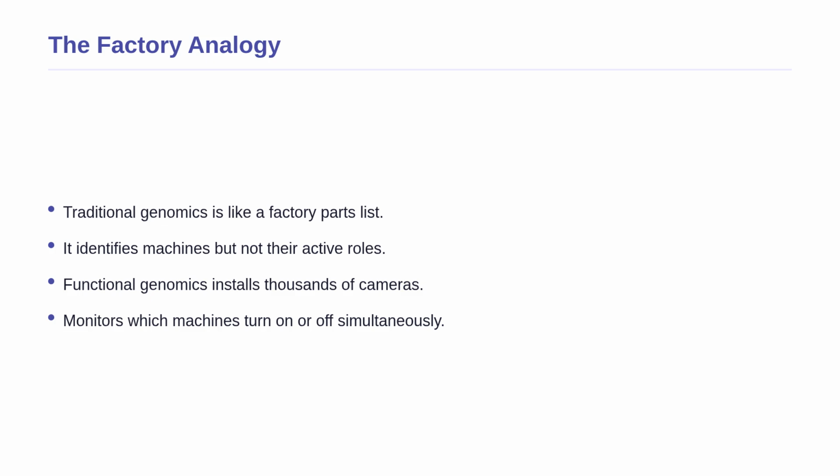Now, imagine you install thousands of cameras to watch every single machine simultaneously. You can see exactly which ones turn on during a rush hour and which ones shut down. That is exactly what high-throughput functional genomics does for a living cell. It takes us from merely knowing the static genetic code to understanding how that code actively operates.